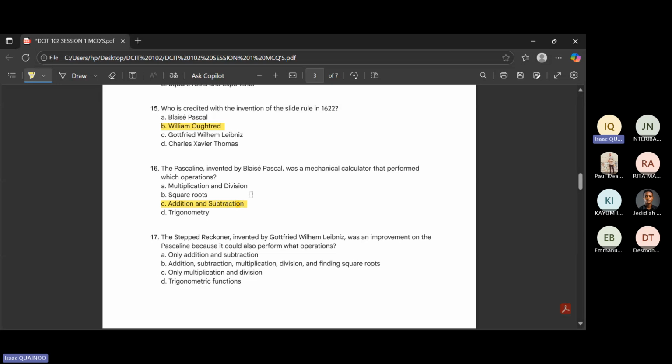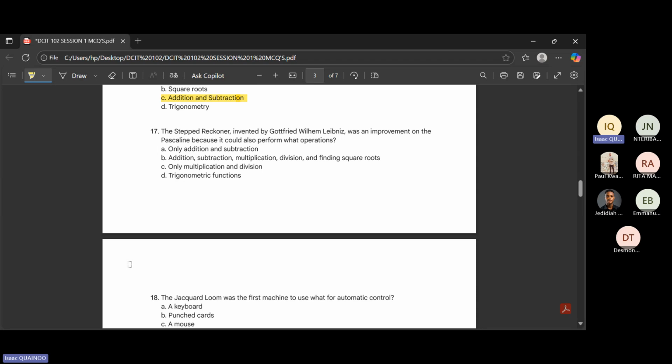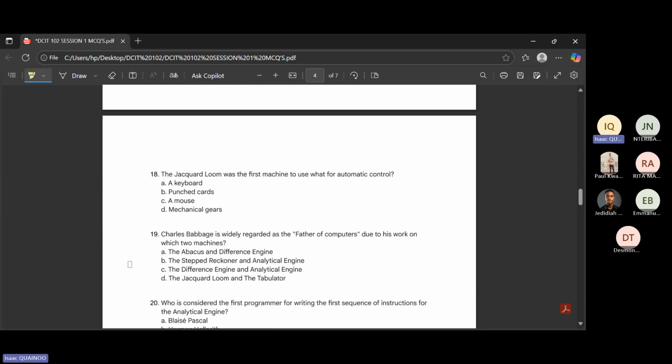If you have a machine that could perform addition and subtraction, you could use those principles to perform multiplication and division, because multiplication is just repeated addition, and what have you. So for 17 there, let's keep this, I don't know, but we can look at it on our own.